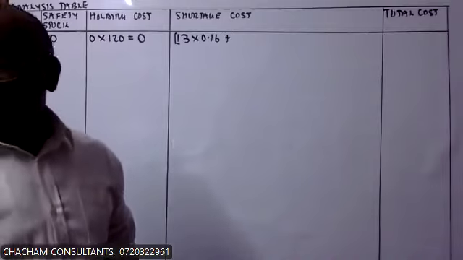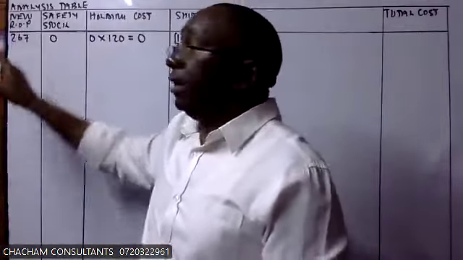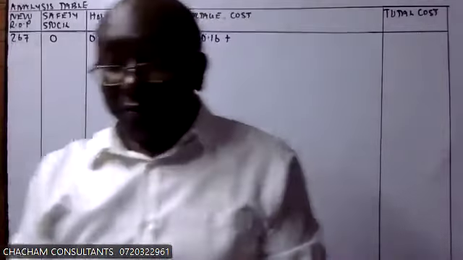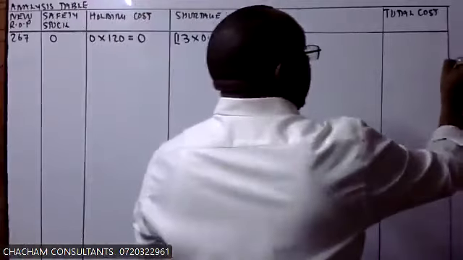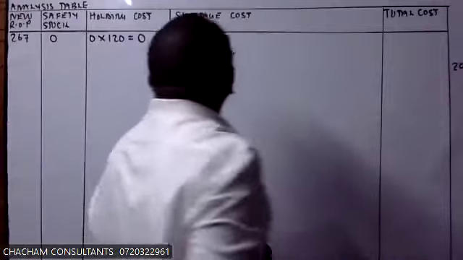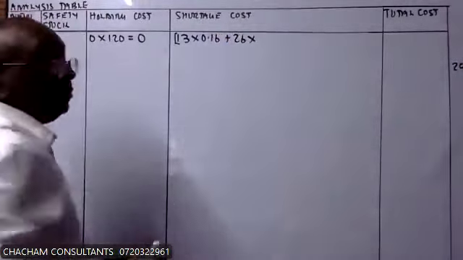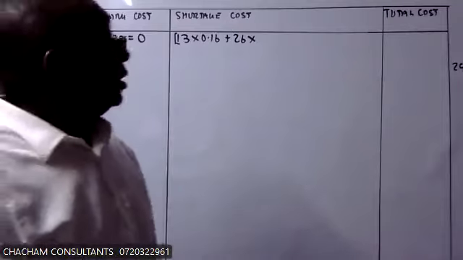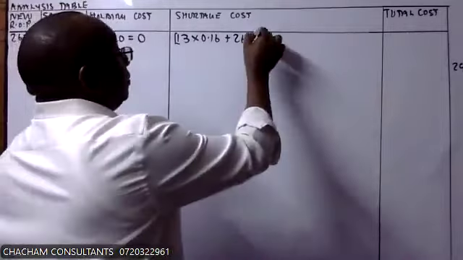So if you go to 293 and you have 267, that gives you a shortage of 26. The probability of demand being 293 is 0.13.